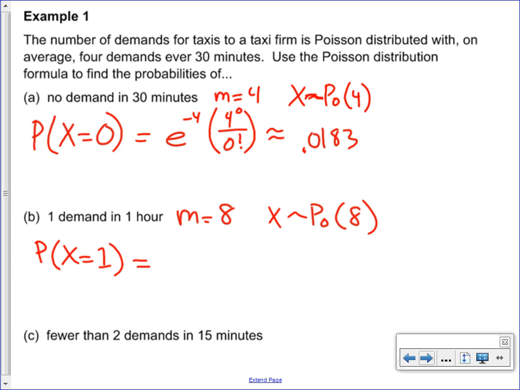So that would be e to the negative 8 times 8 to the first power over 1 factorial.